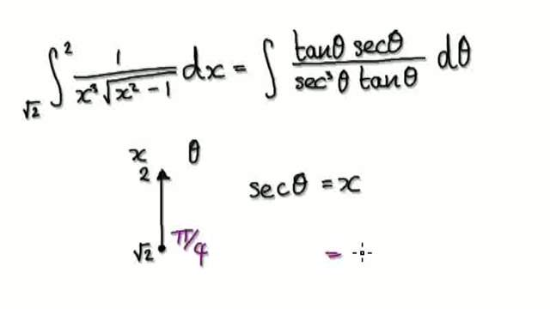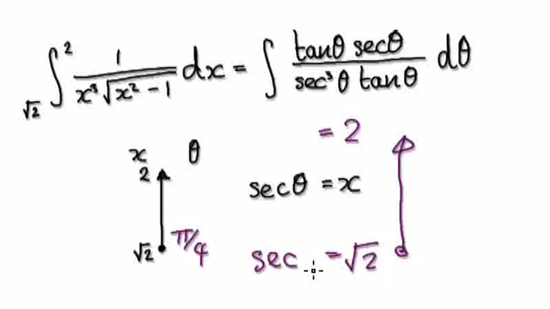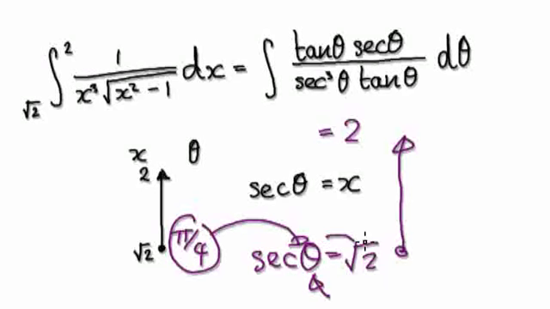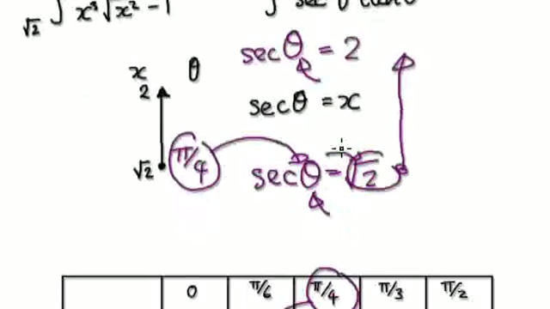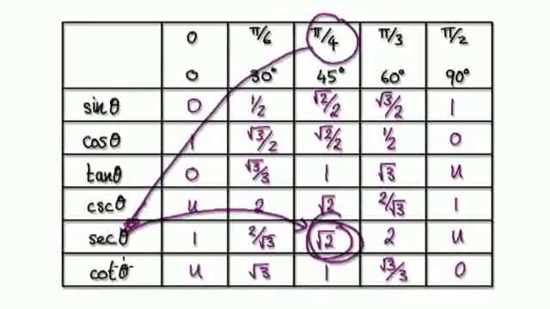So remember, we are integrating from square root of 2 all the way to 2. We figured out this theta here, so when you secant theta, it will give you square root of 2. But now we still need to figure out this. Secant of what will give us 2? If you look at the table of common values, 2 is here.